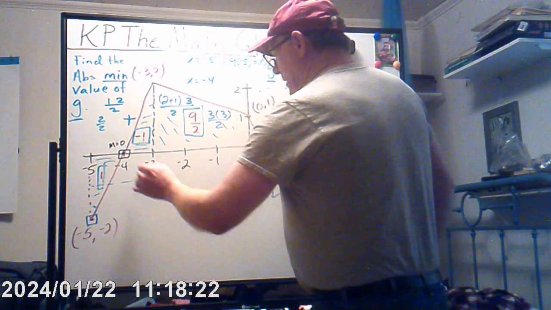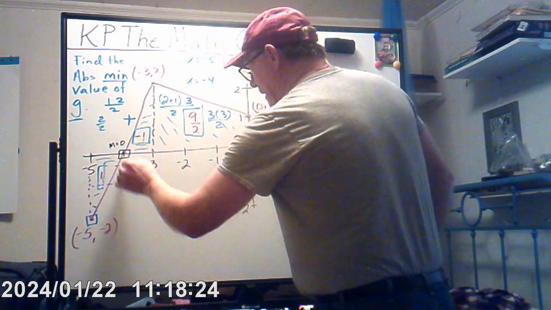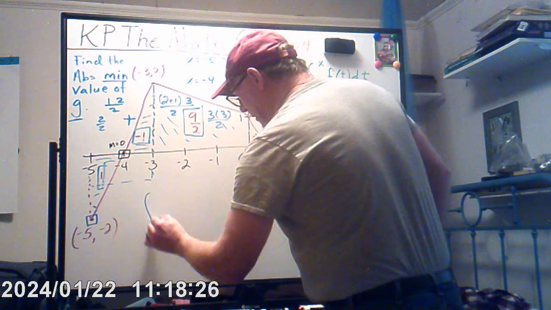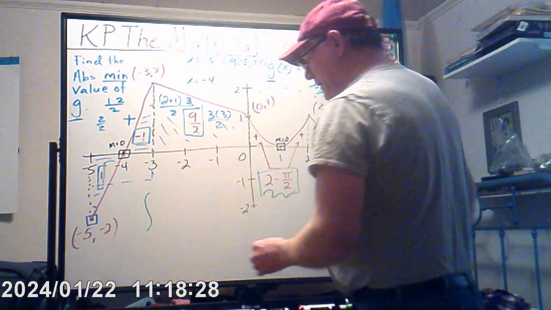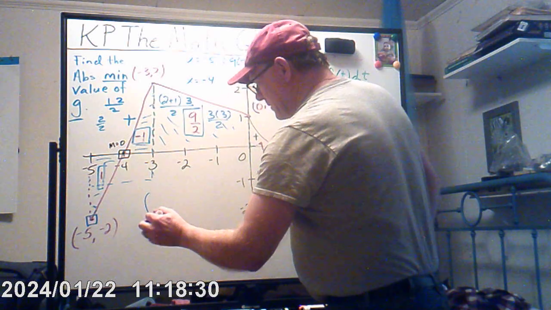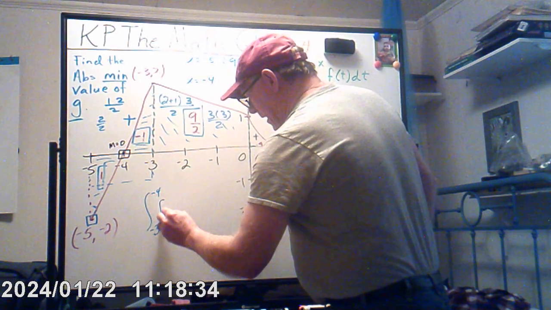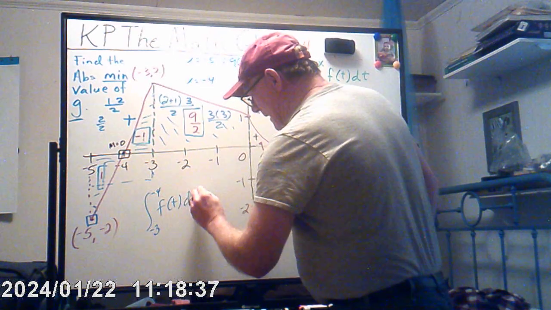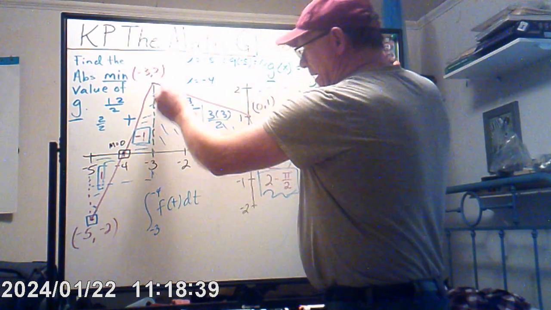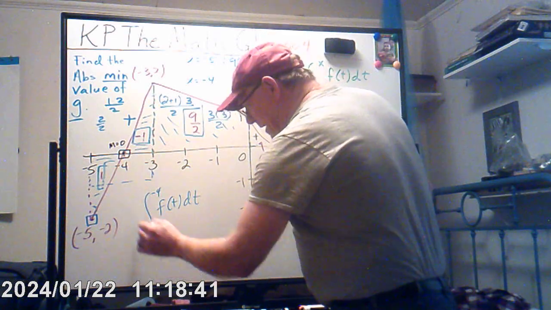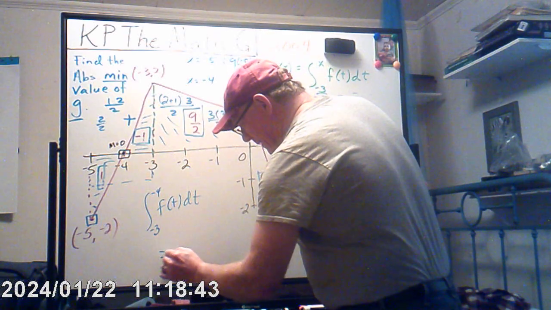Now let's try negative 4. Well, let's see, negative 4 right here. Okay, so we're going from negative 3 to negative 4, f at t dt. We found that area to actually be equal to 1.